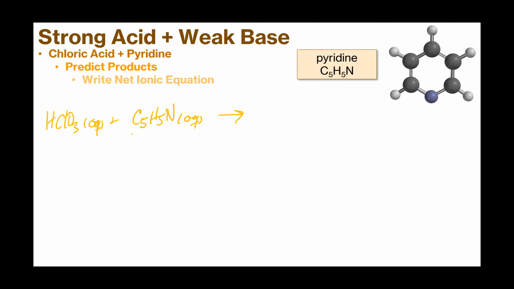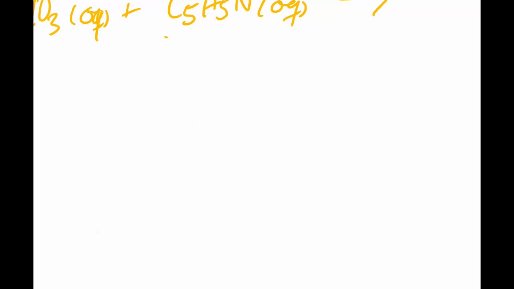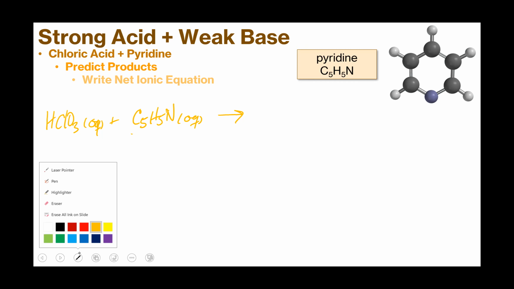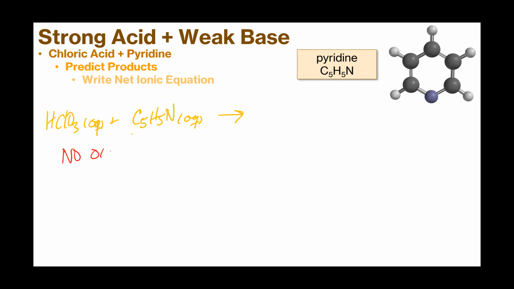All right. We cannot do the metathesis because there's not OH minus. And if there's no OH minus, there's no water. Okay. So I'm going to even write that down. No OH minus means no water. Okay. So what happens then when we do this?